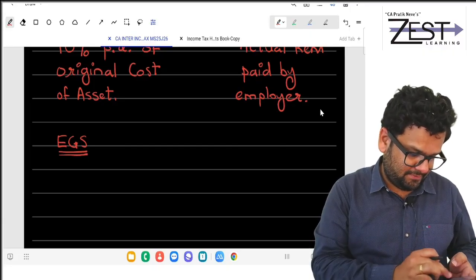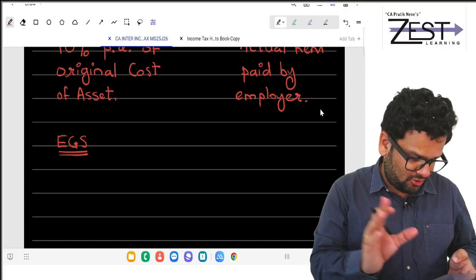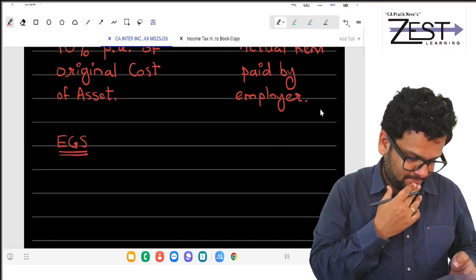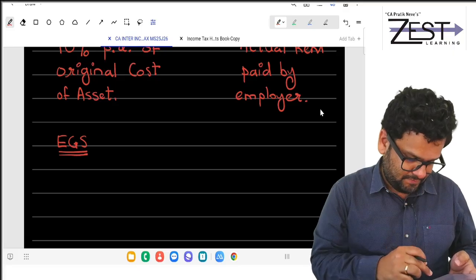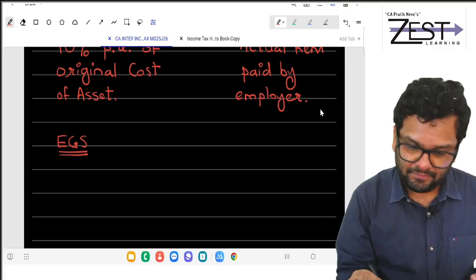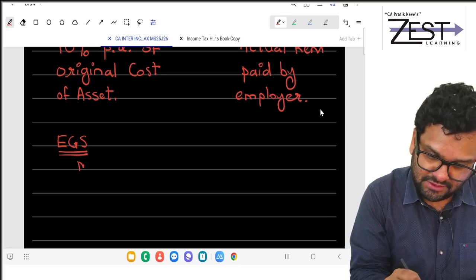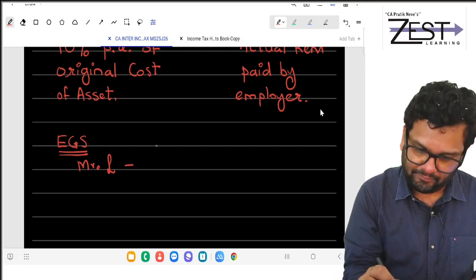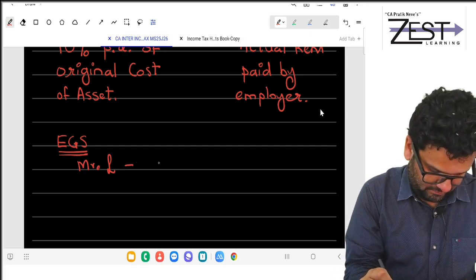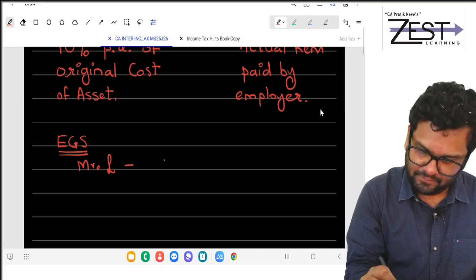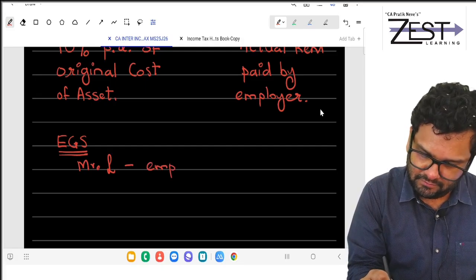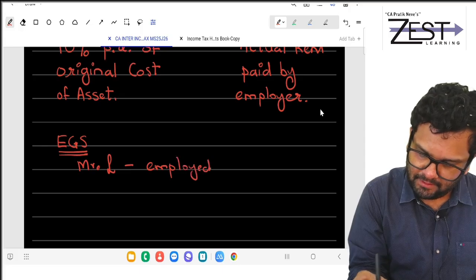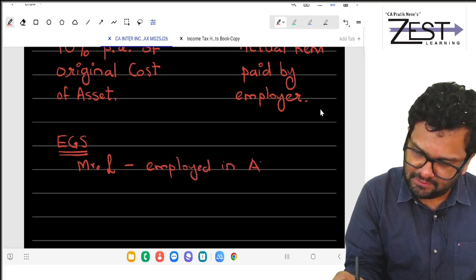First example, salaries definition also you have got, no? Yes, so write down. Mr. L employed in ABC Limited.